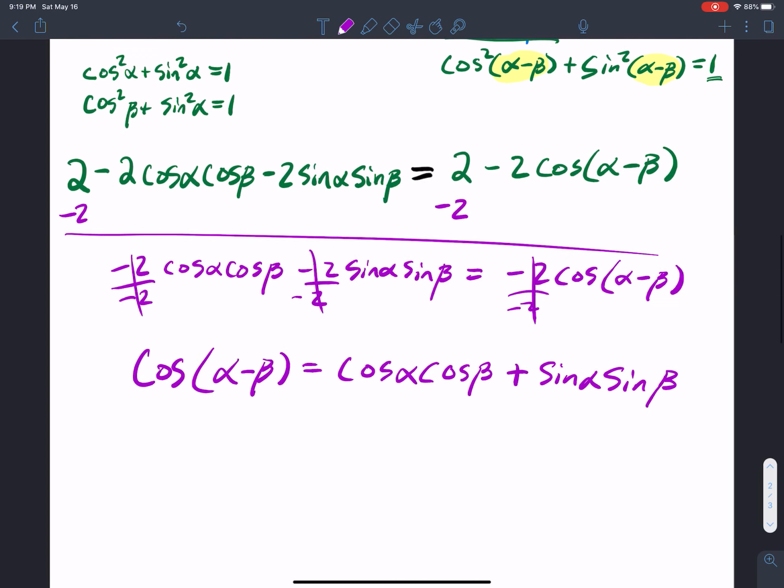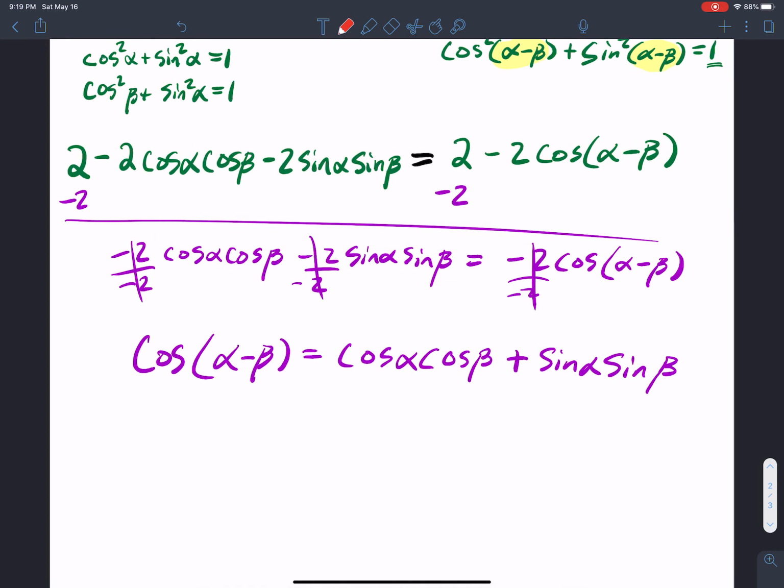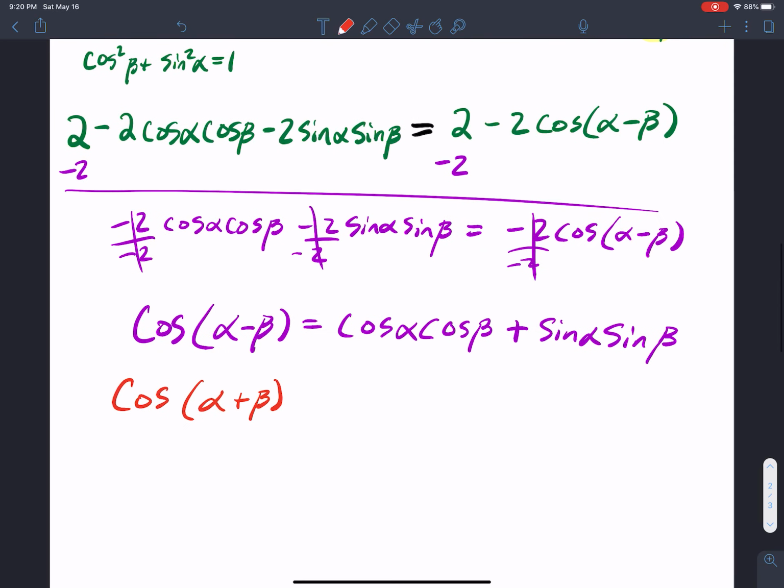Now, the other formula was for cosine of alpha plus beta, right? But all we have to do to figure this one out is literally rewrite the plus as a minus, and then I can use the formula I just proved. So this is equal to cosine, well, let's see.